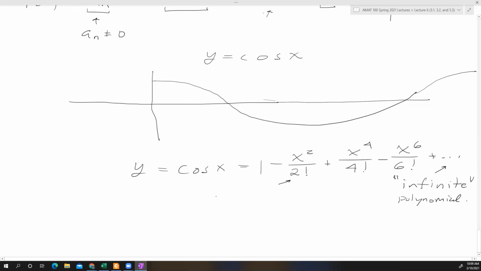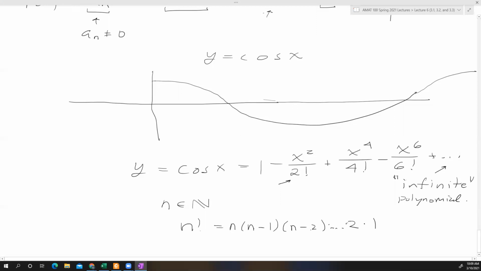This is called factorial. So if you have n as a natural number, like 1, 2, 3, 4, or 5, n factorial is just a product of all numbers from 1 up to n. So it'd be n times n minus 1 times n minus 2, dot, dot, dot, times 2 times 1.